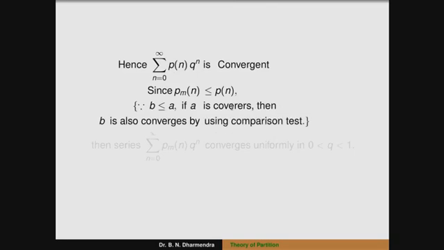Here the terms of p_m(n) are less than or equal to p(n), so this series is convergent.